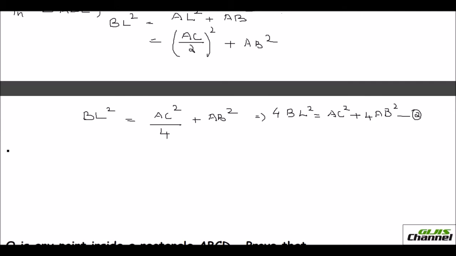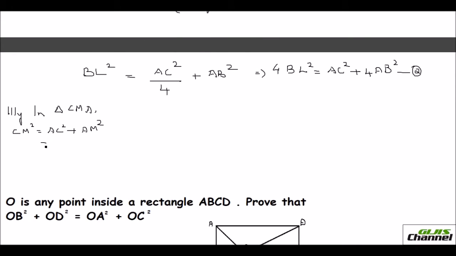Similarly, I am going to do in triangle CMA. In triangle CMA, we can say CM squared is equal to AC square plus AM square. You can change the AM, since AM is half of your AB, as AB by 2, okay, the whole square.